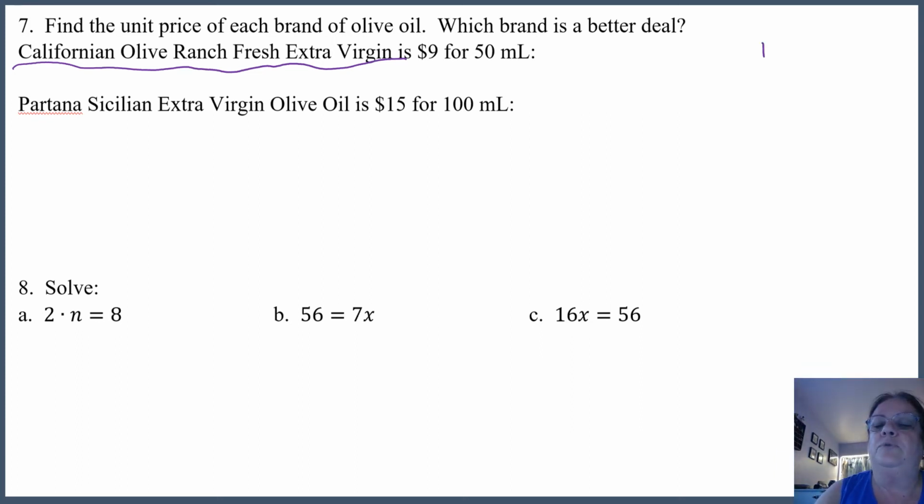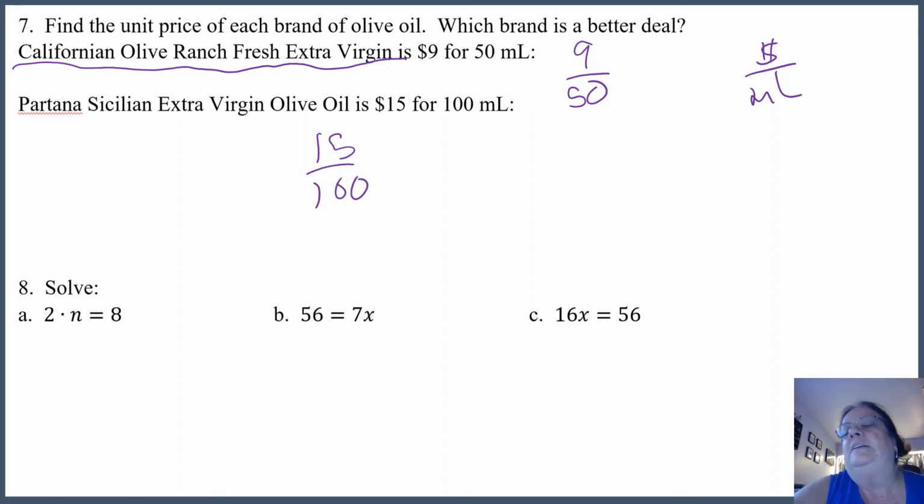So what we're looking for is dollars over milliliters. This one has 9/50, and this one has 15/100. A common denominator will help you see, but it's asking for a unit price, so we have to actually do the division.